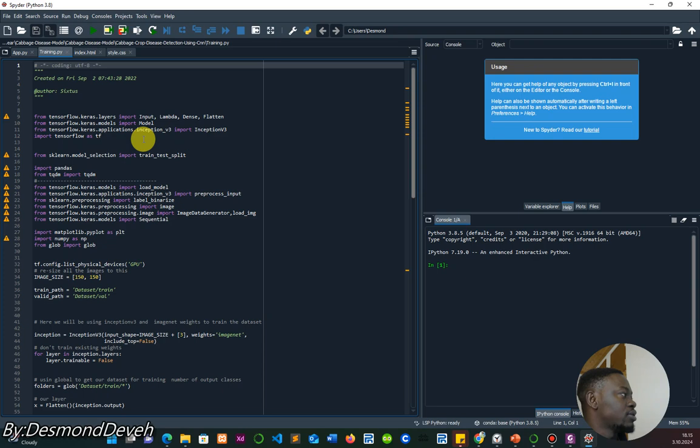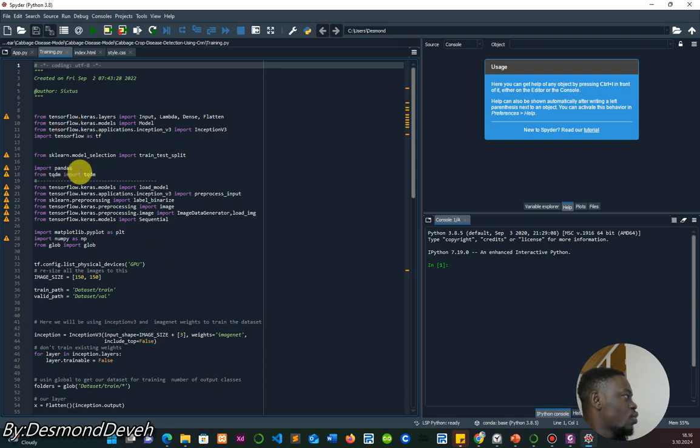So I decided that I'll come up with a solution. This is a machine learning application that will take images of the crop and predict what is happening to the crop. There have been a lot of machine learning research about crop farming, and I also contributed to that.